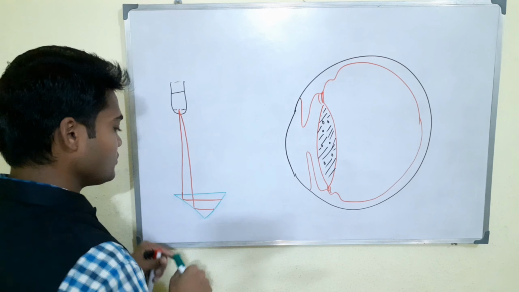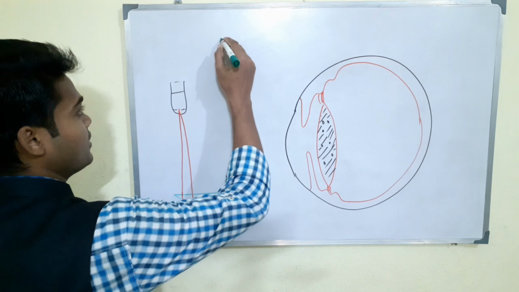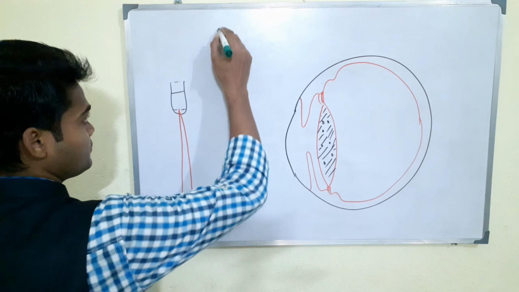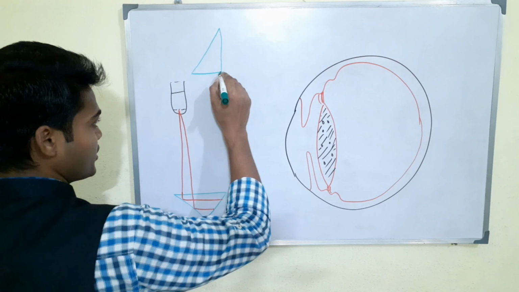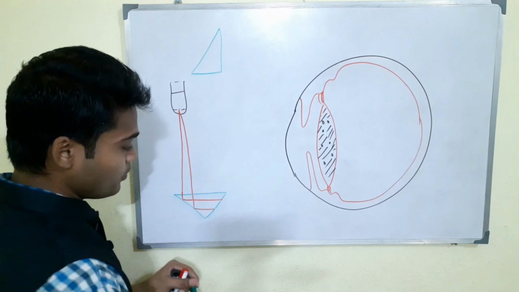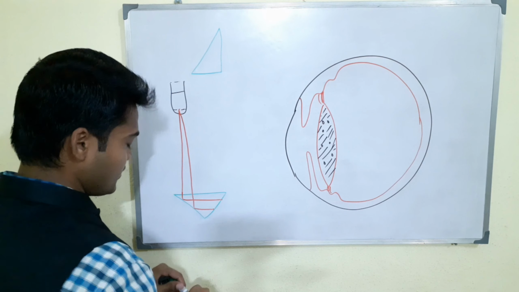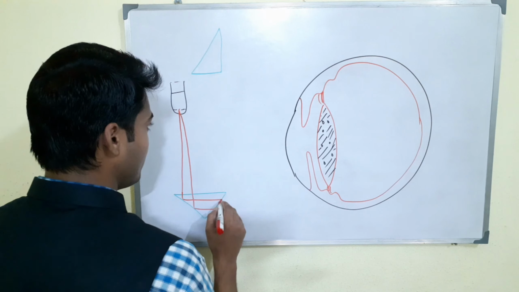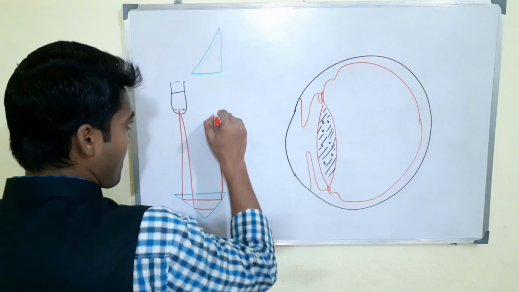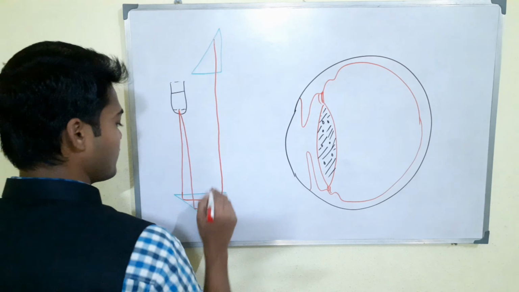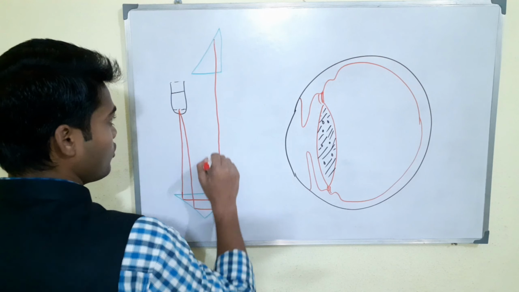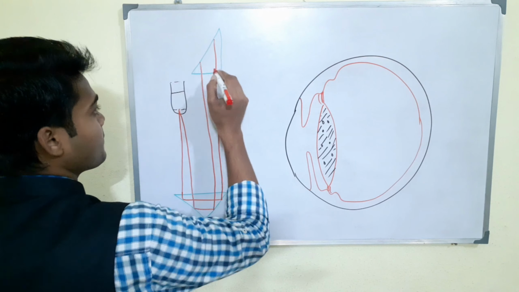When it goes up, here is another prism which also helps bend the light path. Then it goes up like this and changes its path like this.